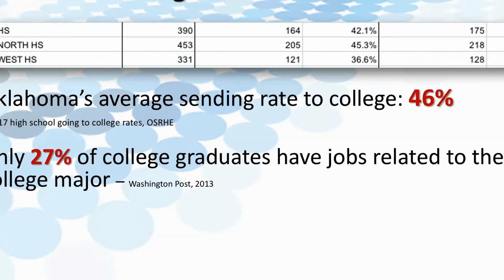So if we take a step back and think about that 100% of seniors that are graduating, as far as we knew, their plan was to go to college. And we know that less than half of them make it that first year. And then another half, so now we're down to a quarter, actually graduate. So we're talking about a really small percentage of folks. And out of that small percentage, how many of them are actually doing something related to what they were studying is a quarter of that.